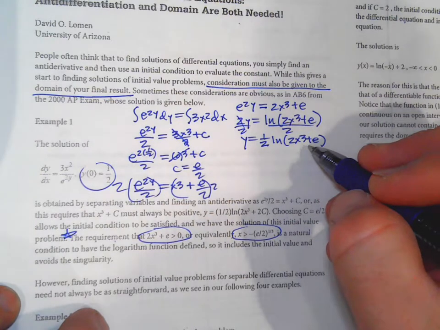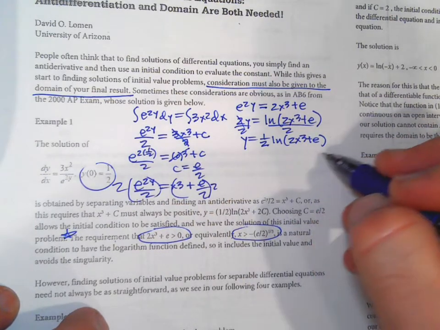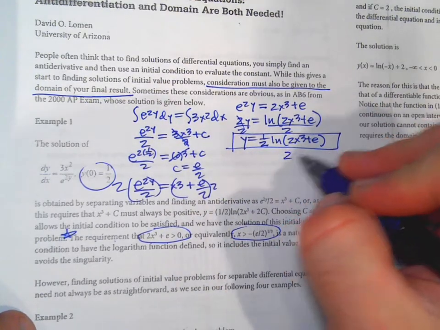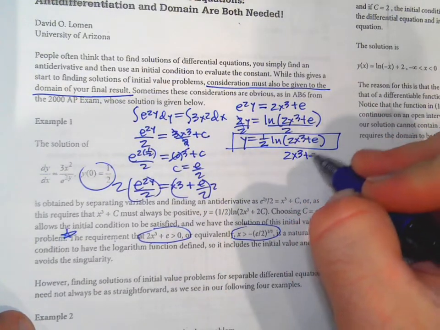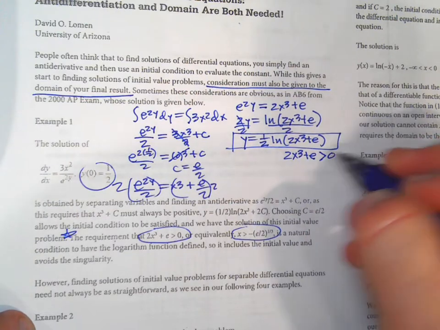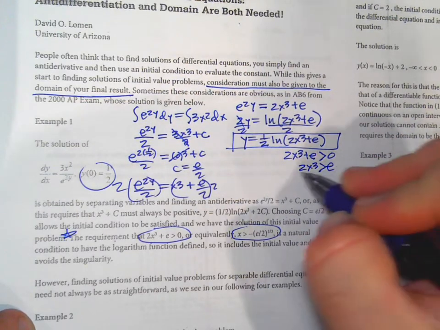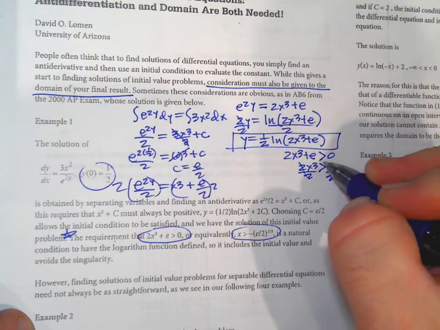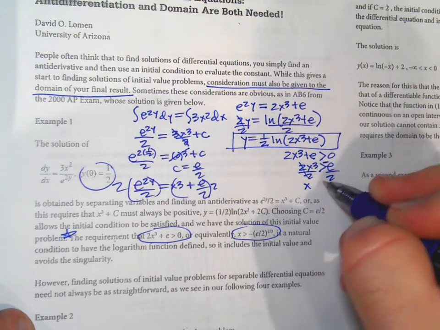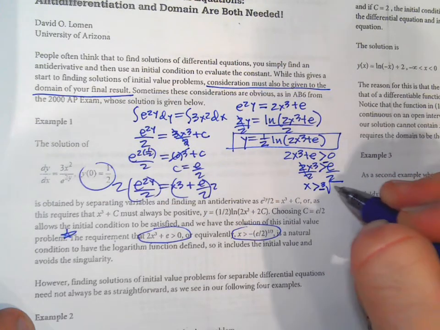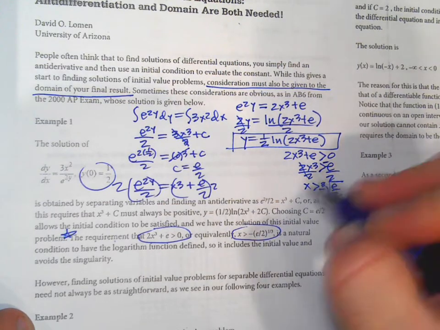So they're saying, obviously, this is your solution, but the inside of this, the domain of your answer, has to be positive. Divide by 2, it's negative, and you take the cube root of both sides, so the negative pops out. This is the domain, right?